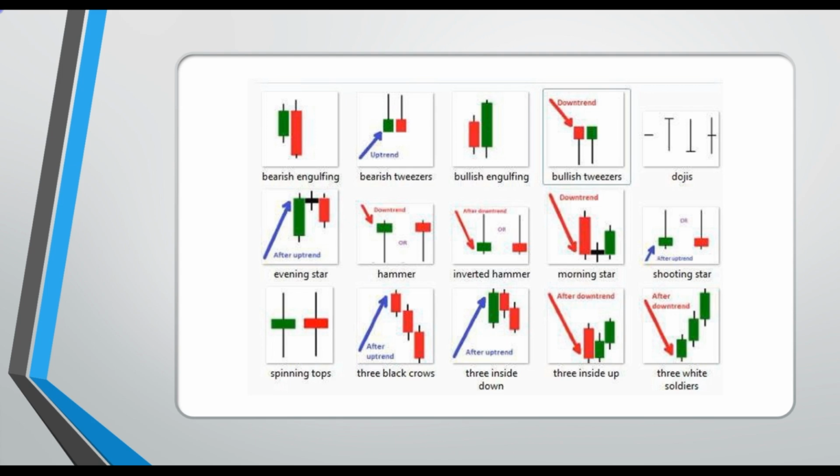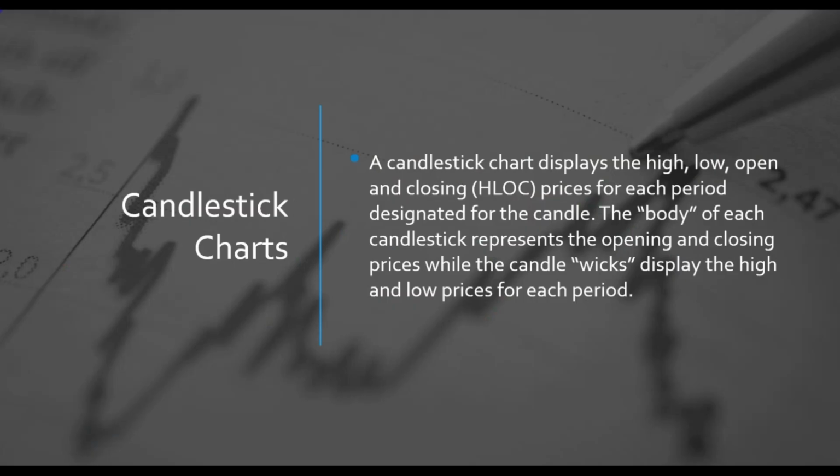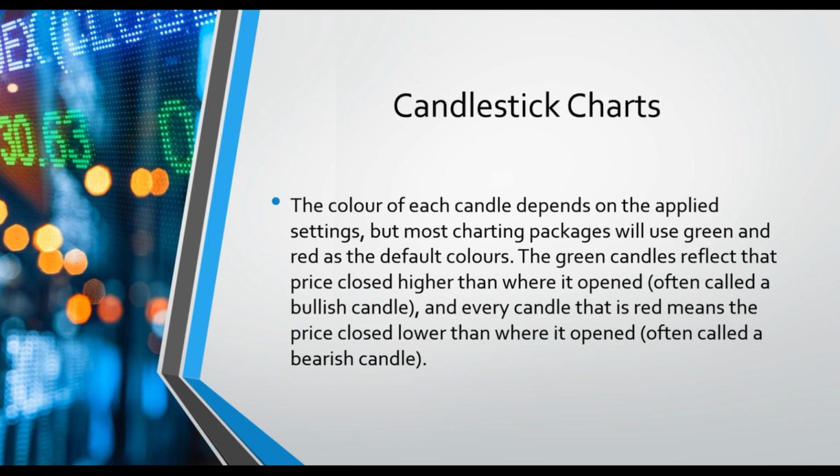market movement. A candlestick chart displays the high, the low, the open, and the close price for each period. The body of each candlestick represents the open and closing price, while the wicks display the high and the low for each period. The color of each candle depends on the applied settings, but most charting packages use red and green today.